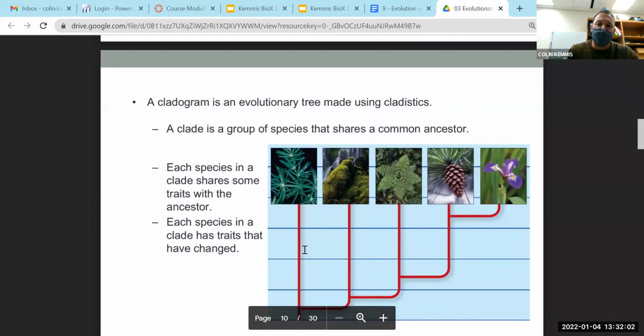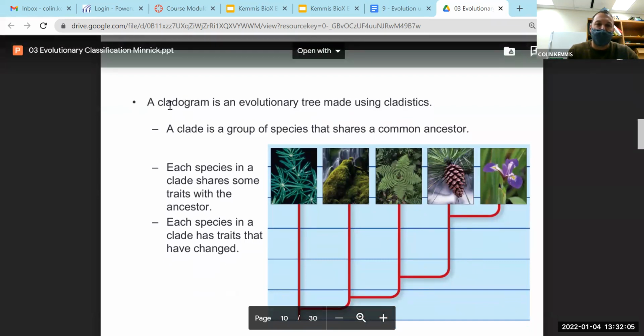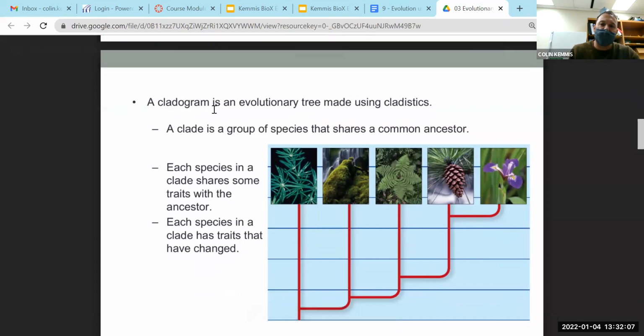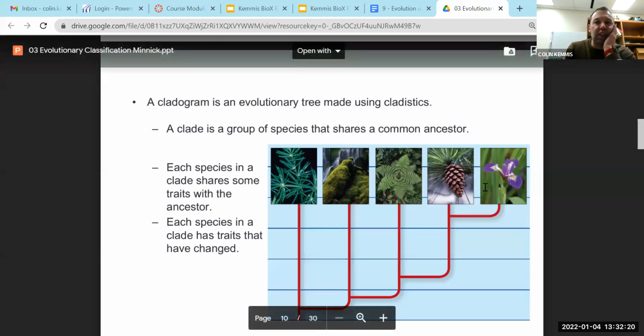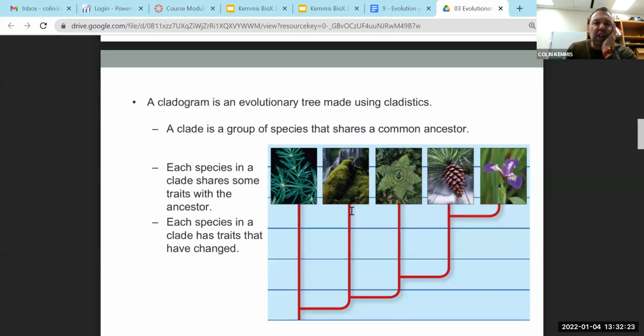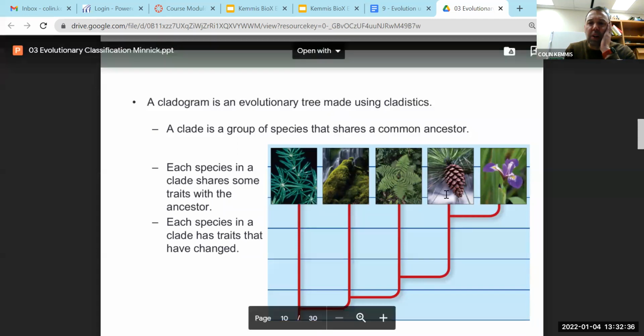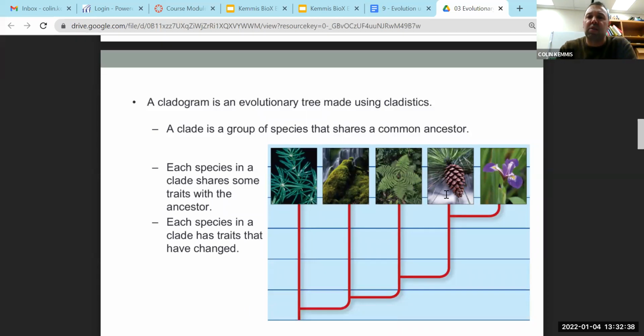Okay, so the actual diagram is called a cladogram. So once you get this made at the end, it's called a cladogram. And then all the group that share a common ancestor is called a clade. Okay, a clade. So here's the clade of the different plants here. What is this? Pteridophyta and Bryophyta here, the moss and liverworts, and then we have the ferns, and then the most modernly derived plants here.